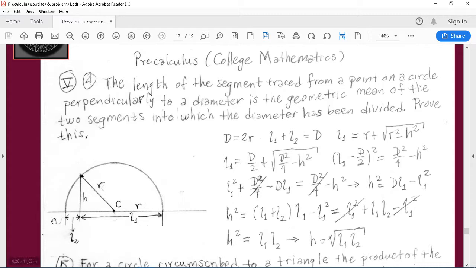Here we have the diameter. This is the perpendicular to the diameter. So the length of that segment that has been traced from the point on the circle to the diameter, which is this segment here, the length of which is given by h.